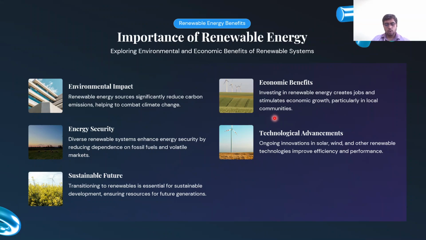So technological advancements need to happen in order to increase the efficiencies and so on. A lot of research is going on in these areas: how to improve the efficiencies and performance of the different renewable energy resources such as solar, wind, and other different types of renewable energy sources.